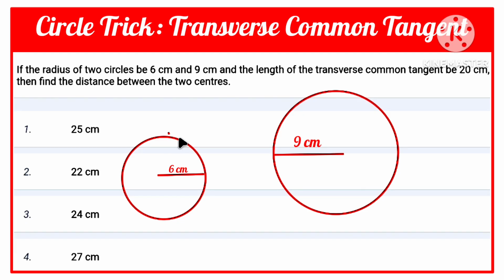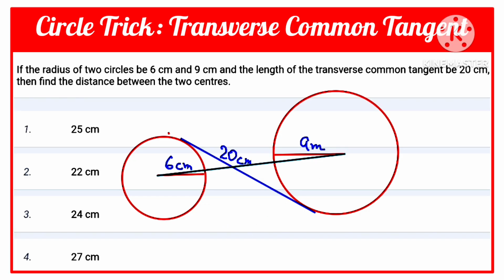Let us draw the transverse common tangent. So this one is the transverse common tangent, and this length is 20 cm. So this was 6 cm, this was 9 cm, and here you are asked to find out the distance between two centers. That means from this center till this center you are asked to find out this particular distance.